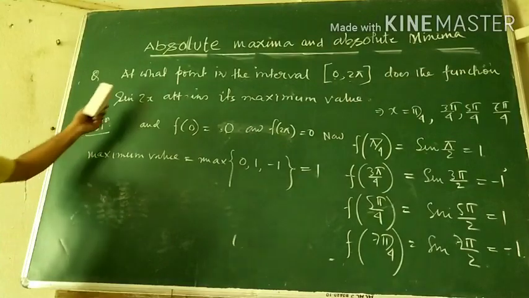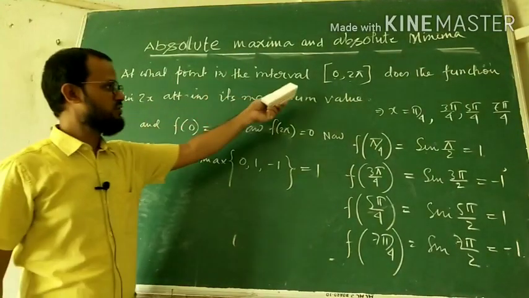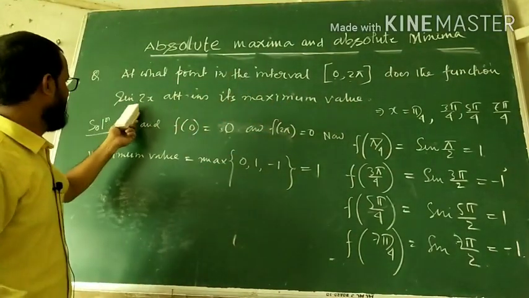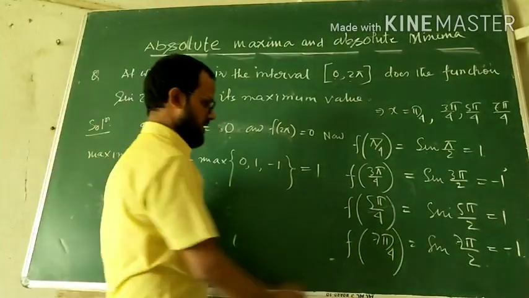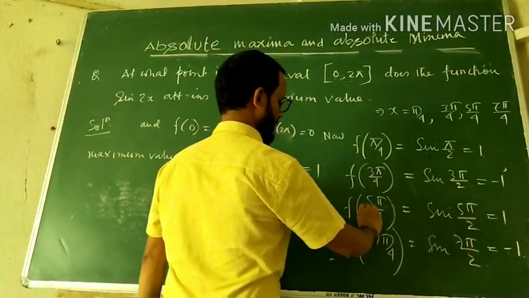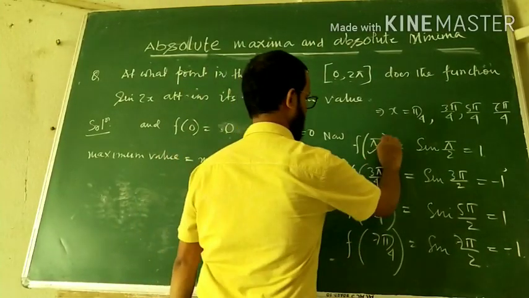Now the question is: find at what point in the interval 0 to 2 pi does the function sin twice x attain its maximum value. At which point? You see this point as well as this point.